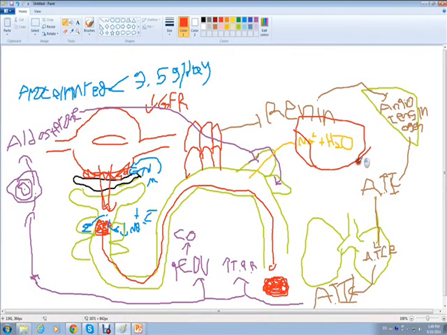This will increase the total blood volume, because we have more water and more sodium in our circulation. So our blood volume will increase, and this will again increase the end-diastolic volume and the cardiac output, further increasing the systolic blood pressure and making the hypertension worse.